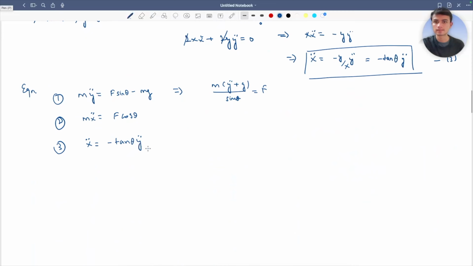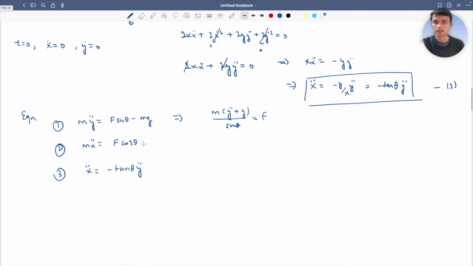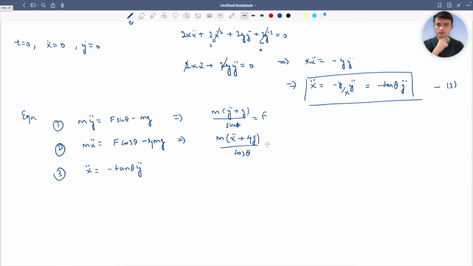Sorry for the mistake. Now that I have corrected it, the equation goes as m x double dot plus mu g divided by cos theta equals F.